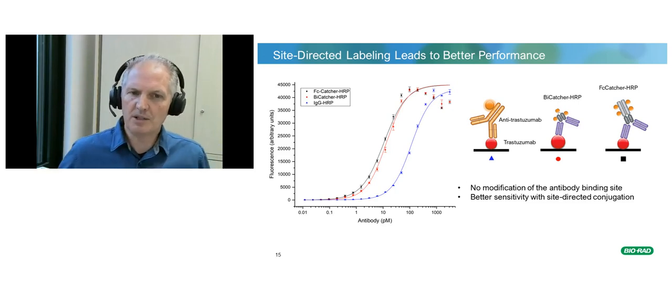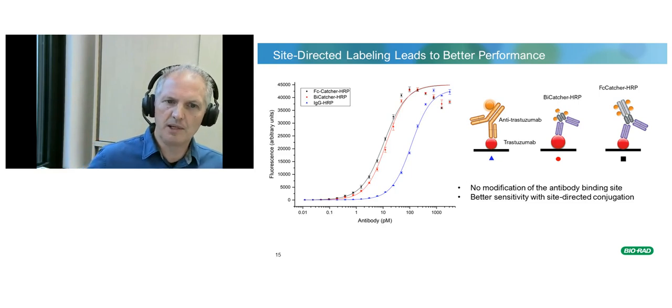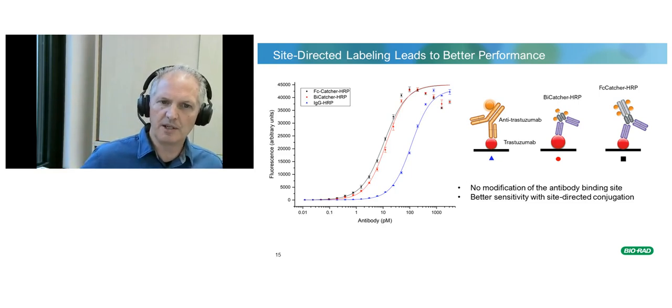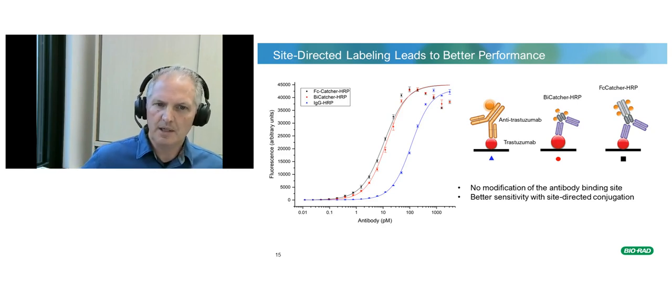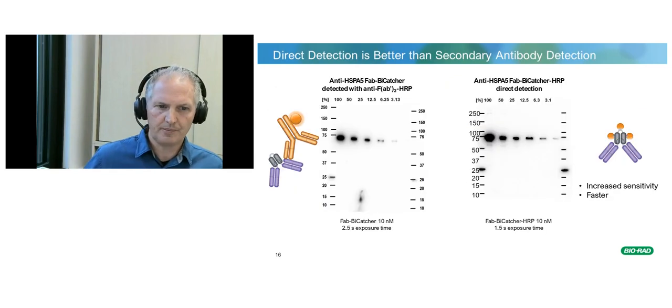And the concentration of the fully functional, properly labeled IgGs is actually much lower than we think it is. And that leads to this shift of the blue curve to the right. So with our systems, it's all site-specifically labeled. Every antibody has the same number of HRPs, basically. So we have a better sensitivity, and of course, the labeling is also much faster.